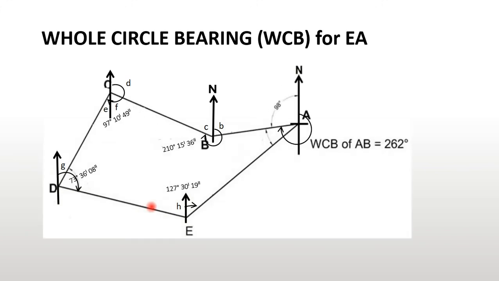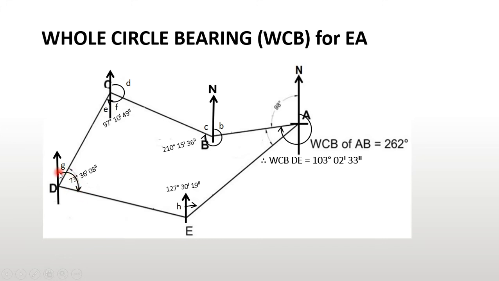And now lastly, we need to determine the whole circle bearing for the line EA. We know that the whole circle bearing for the line DE is 103 degrees 02 minutes and 33 seconds, and we need to determine the value of this angle H so that we can work out the whole circle bearing of the line EA.